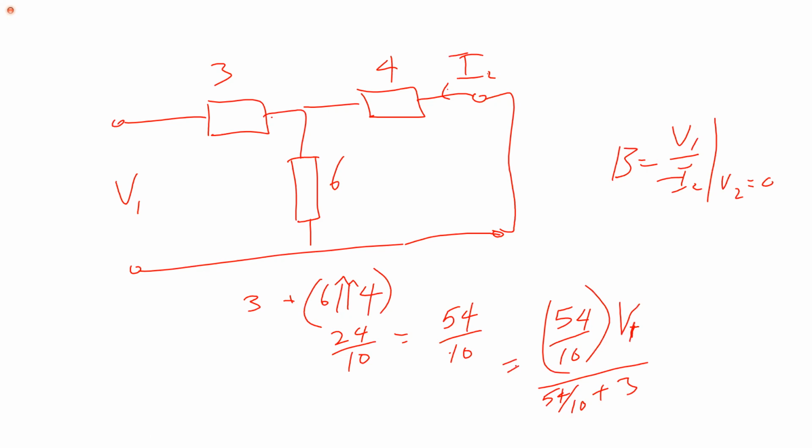So we have 54 over 10 V3, and we're dividing that by 10 over 84.